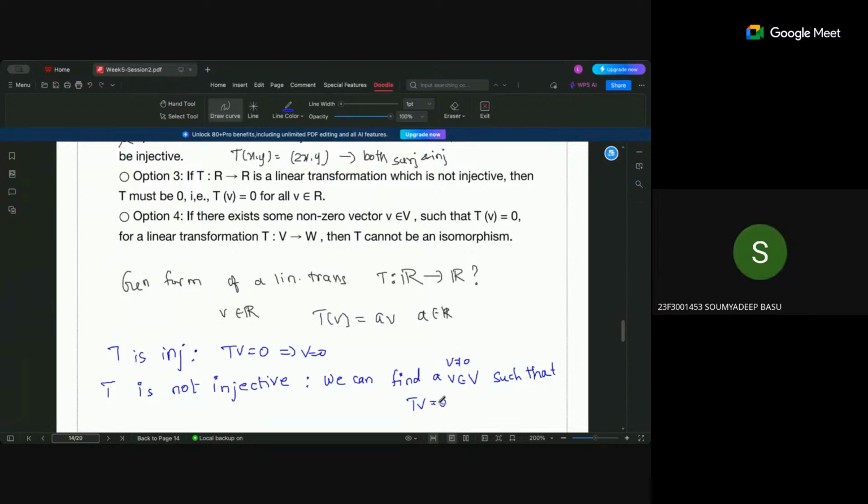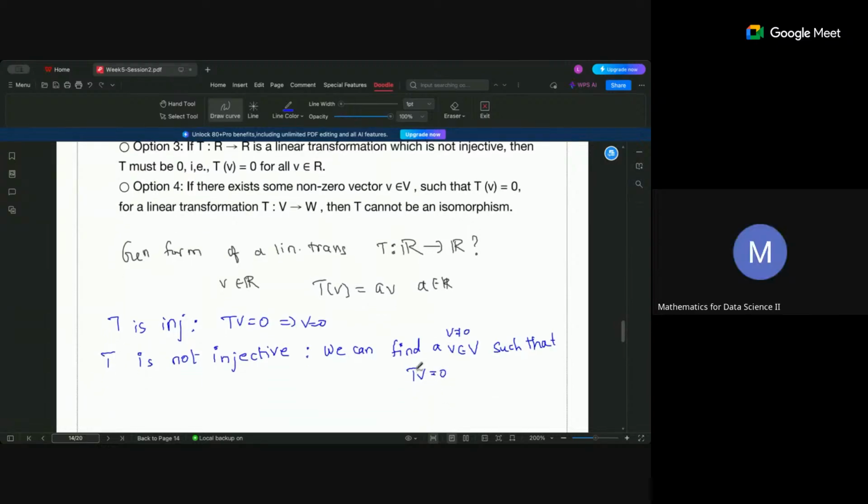So now we have some non-zero v for which T v equal to 0. Instead of v, I will write u, just to avoid confusion. Let's say u is non-zero, and T of u is equal to a times u, which is equal to 0.